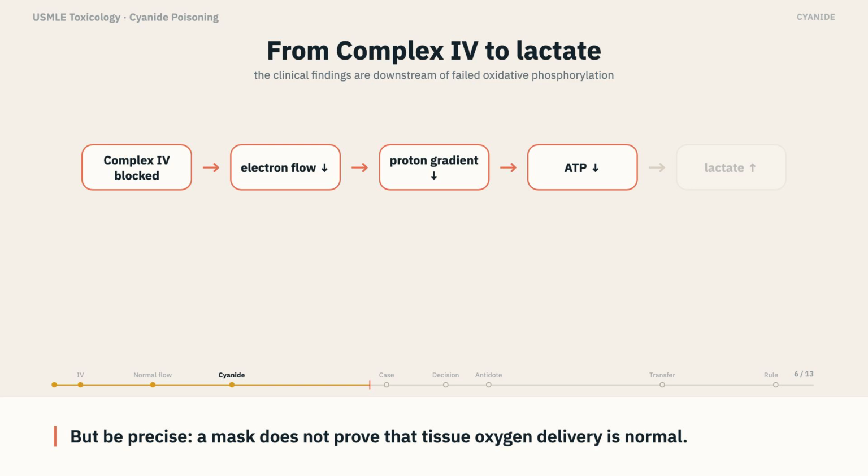But be precise. A mask does not prove that tissue oxygen delivery is normal. Hypotension, carbon monoxide, anemia, or poor perfusion can still raise lactate. In this case, the enclosed space fire and rapid multi-system collapse make cyanide plausible, while the named antidote is the decisive mechanism clue.